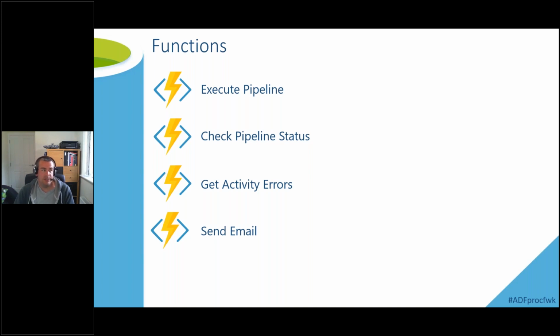The first one is what I've already alluded to, an execute pipeline function, where we will pass in details of the data factory, some authentication information, the name of the pipeline that we want to call, obviously fairly important, and then optionally we can pass in some pipeline parameters as well. That top function will go and hit that worker pipeline, wherever it may be in our subscription, and tell it to run. And once that pipeline is queued and in progress, that function will return.